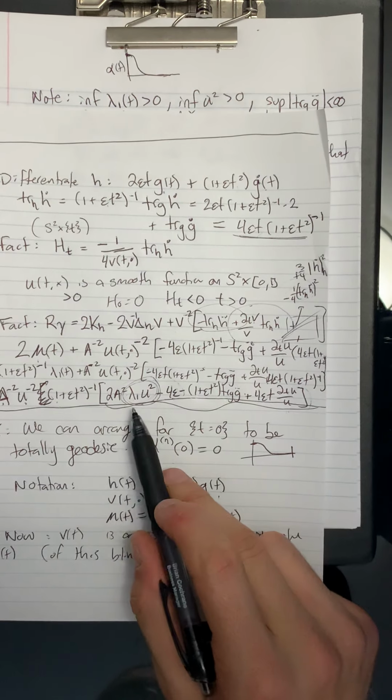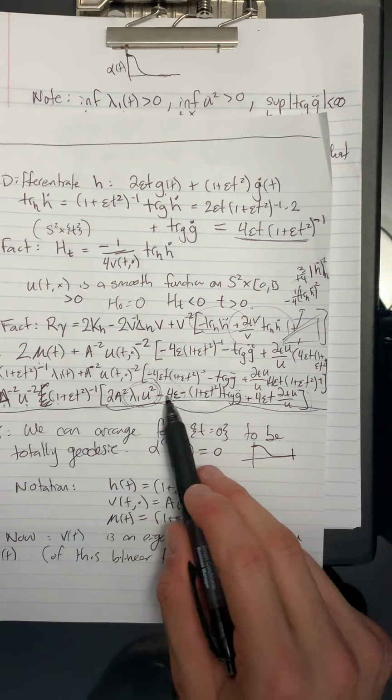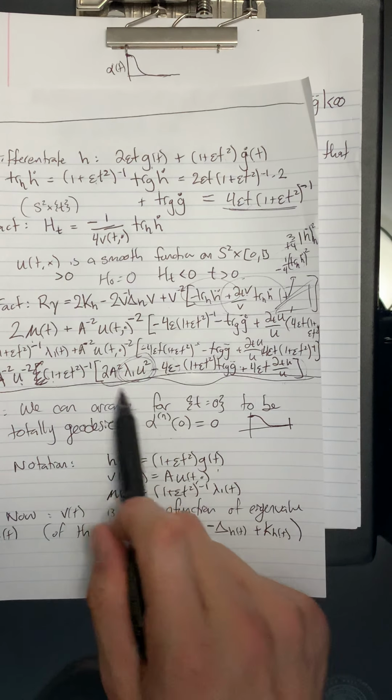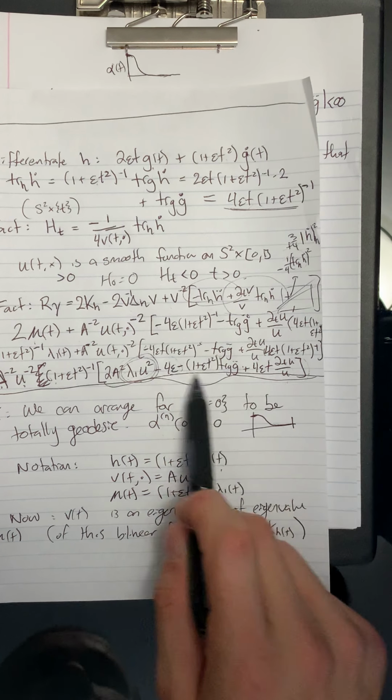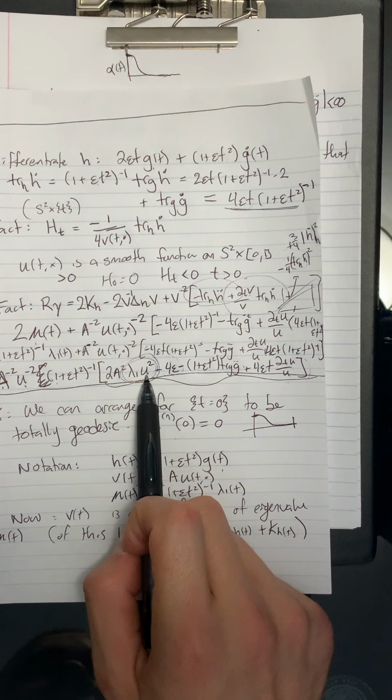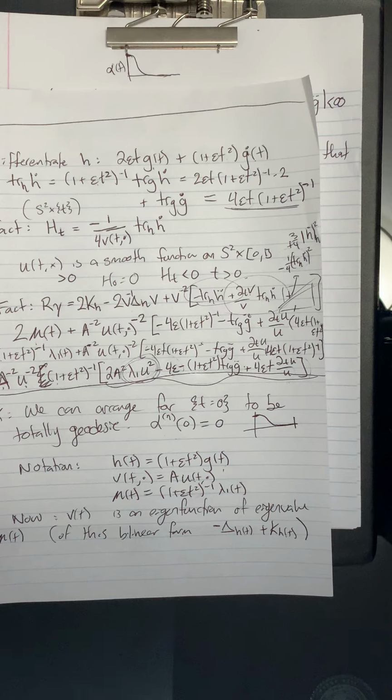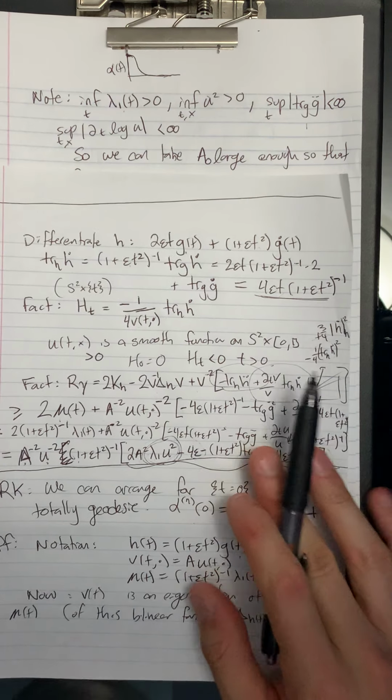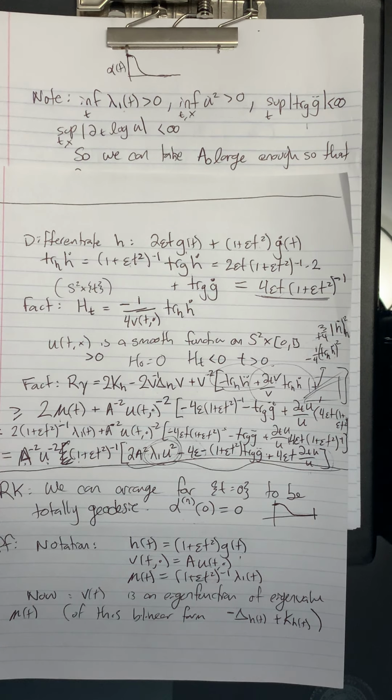And of course, eventually, since this is bounded from below and these all are bounded from above, we could just take this to be bigger than whatever, minus this constant divided by the infimum of this, and we would have that scalar curvature is in fact positive. And that completes the proof.